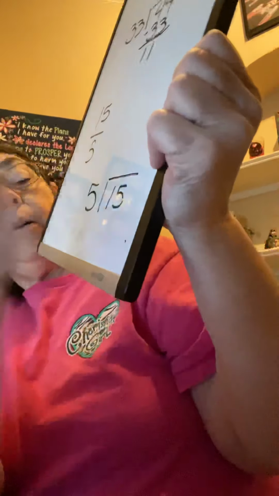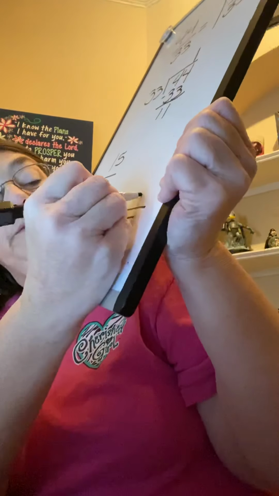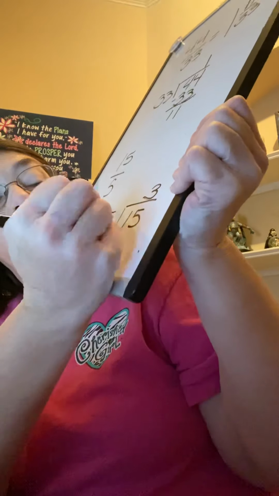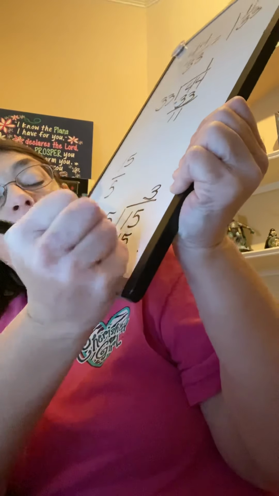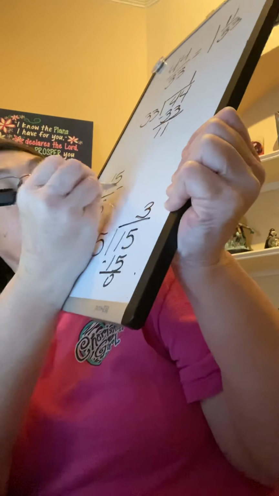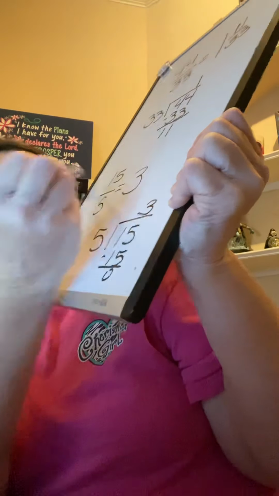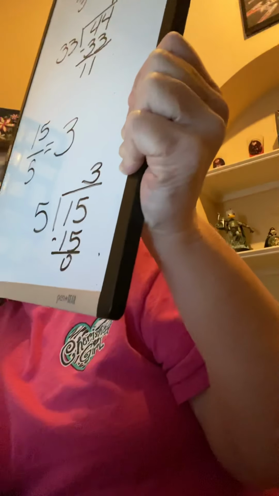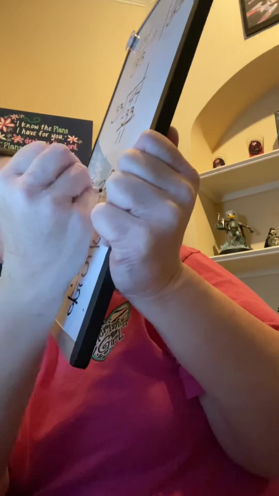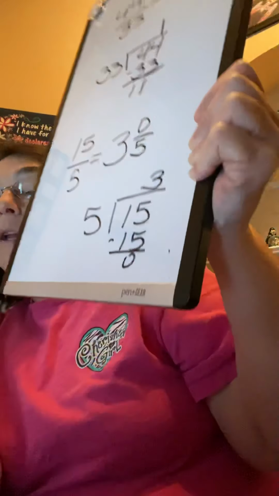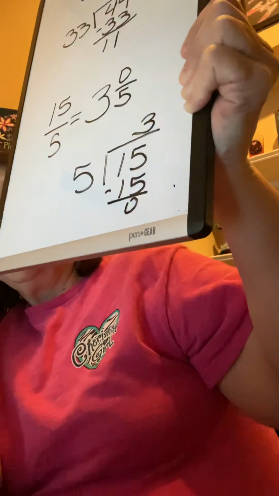All right, now I divide. How many times does 5 go into 15? 3. And then I get 0 left. So this would equal the whole number 3. If you want to put your remainder, which is 0, over your denominator, that's fine. It still means 3.